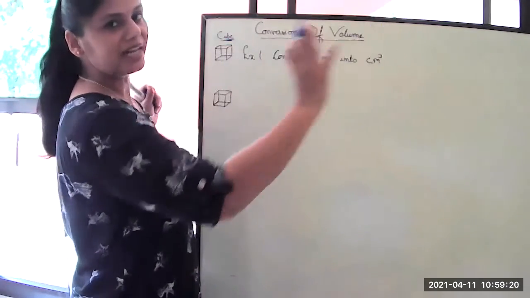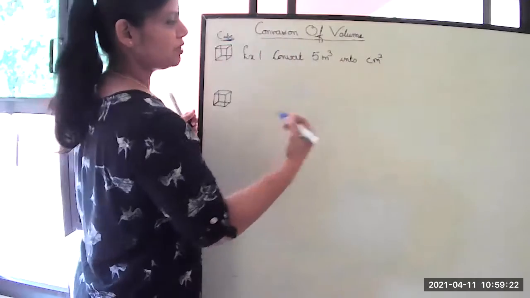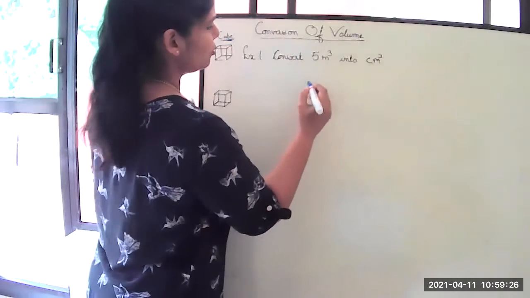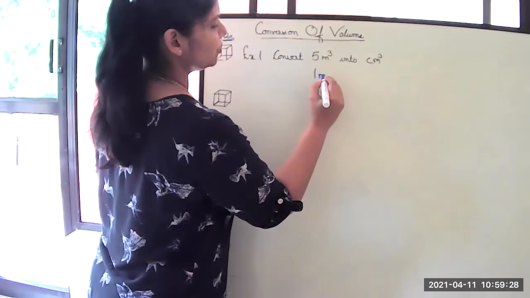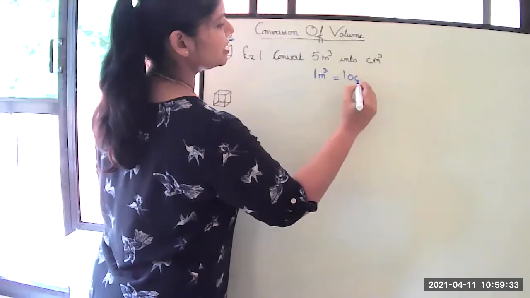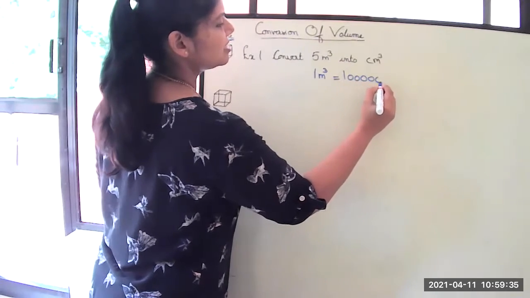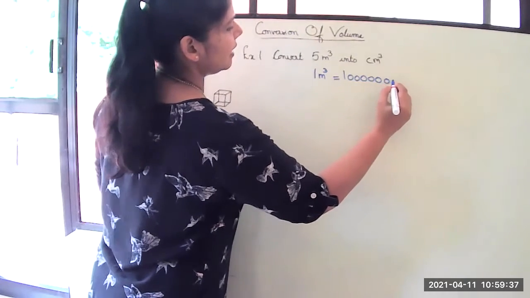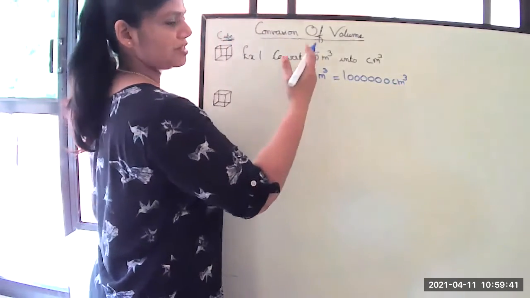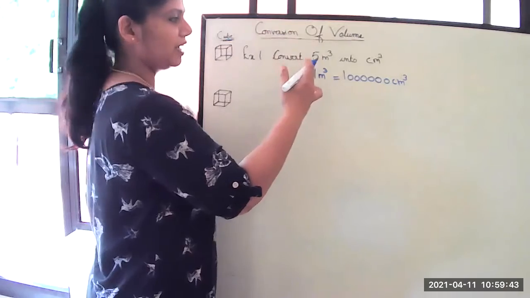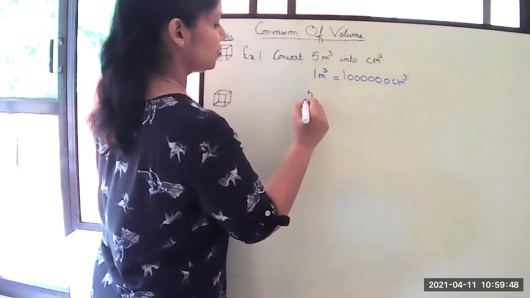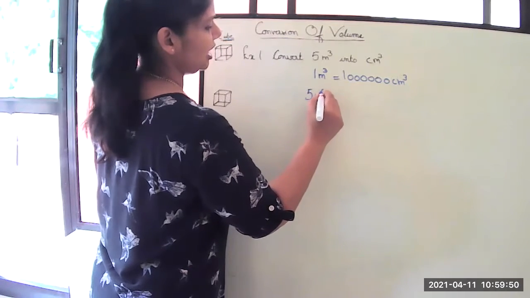So I'm not writing anything like that. I'm simply moving on to the solution. Okay. So 1 meter cube is equal to 1 and 6 zeros. That is 10 lakh centimeter cube. Of course, it is from a bigger unit to smaller unit. So you have to multiply.